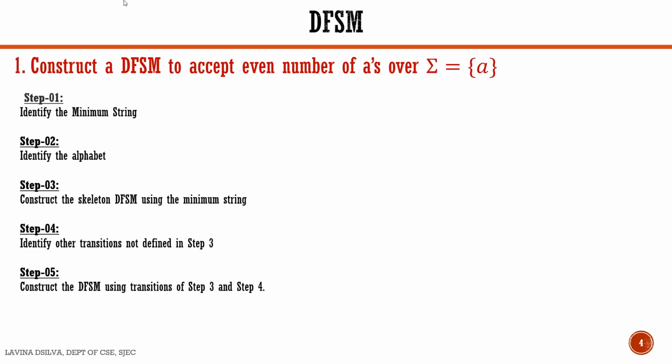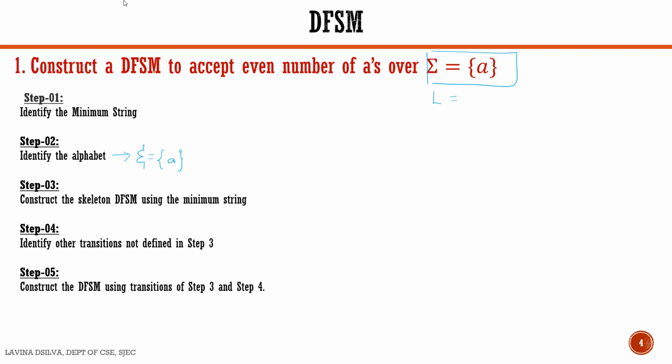Going to the first question, that is construction of a DFSM to accept even number of A's over sigma equal to A. So we know that the input alphabet is sigma equal to A. And the language which the DFSM can accept is even number of A's.